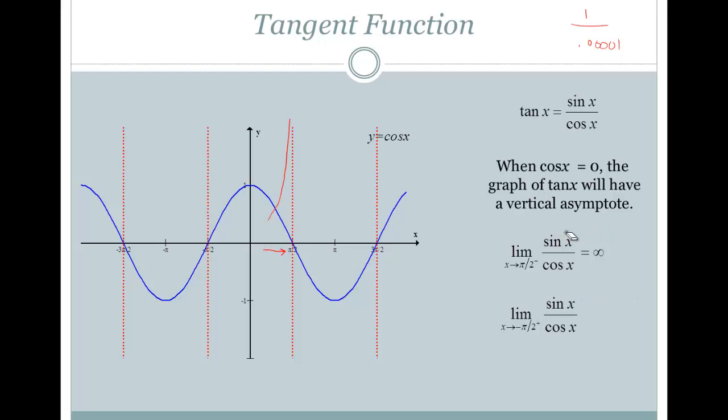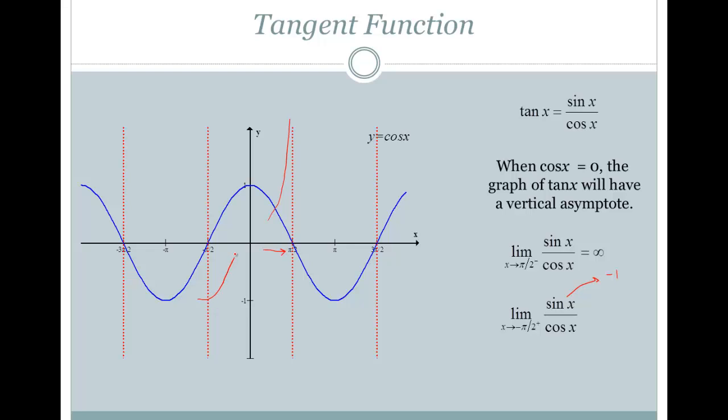So we're looking at in between our two asymptotes. As x approaches negative pi over 2, sine is going to approach negative 1. Because if you remember the sine function, we came down from here.